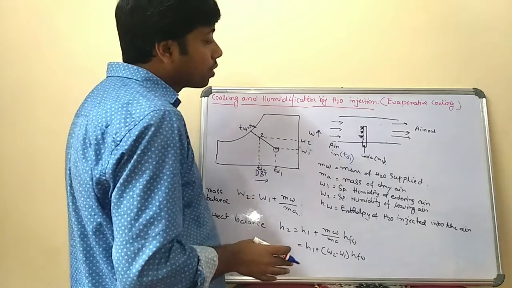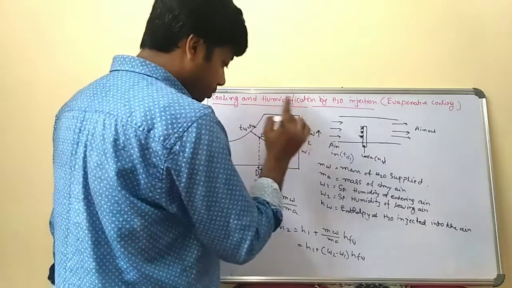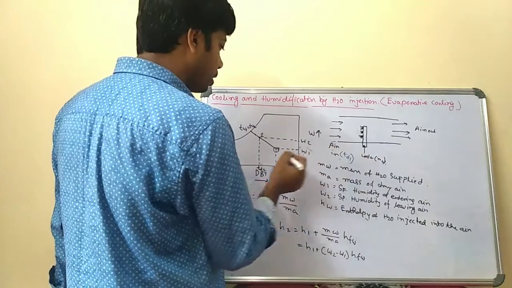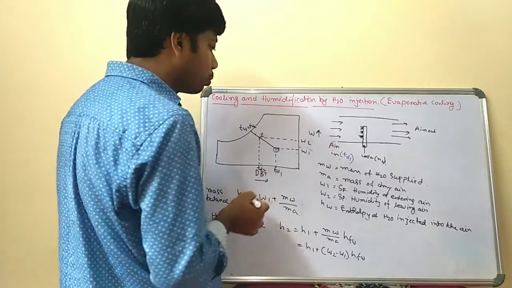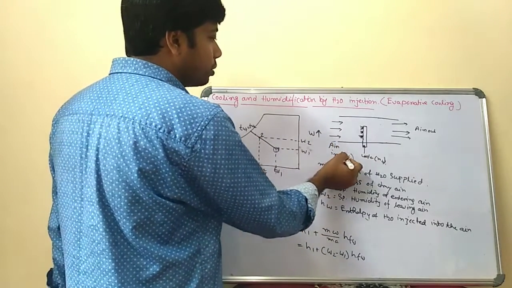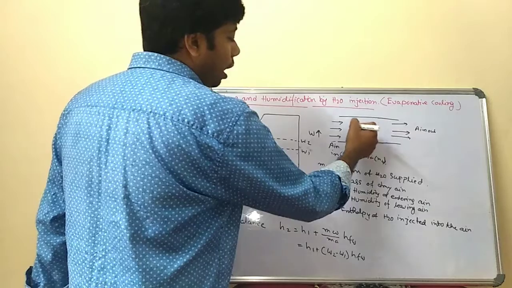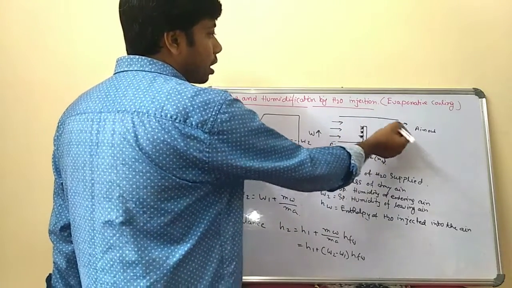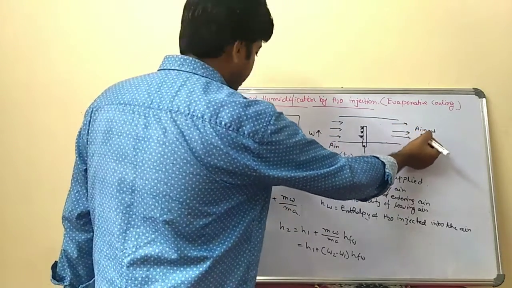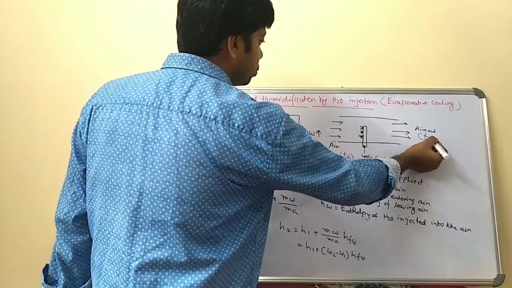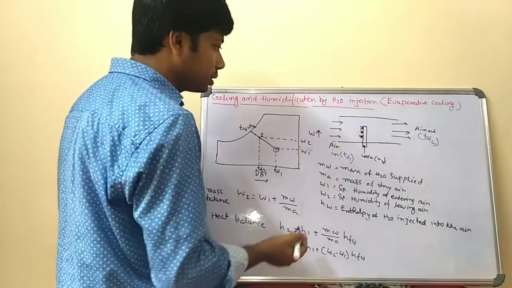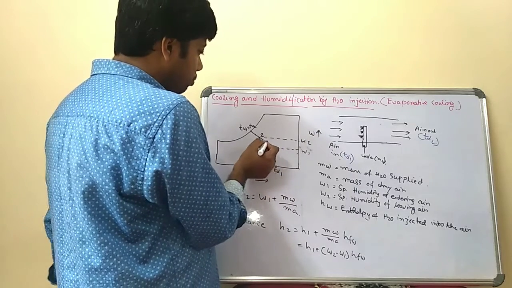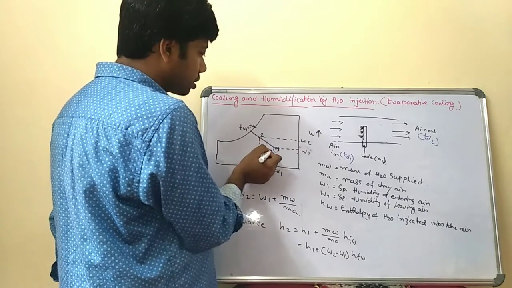One more condition is that the temperature of the air T1 should be equal to TW1, that means TD1 equals TW1. When the air is passed through the spray nozzles, the air will exit at dry bulb temperature TD2, and this is the process in which cooling and humidification is done.